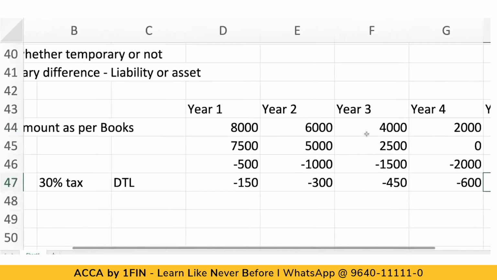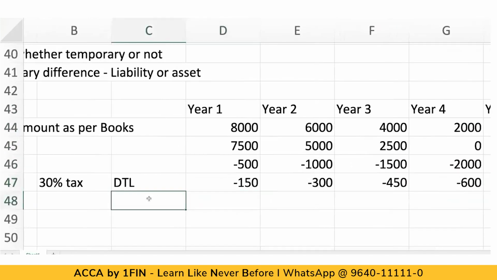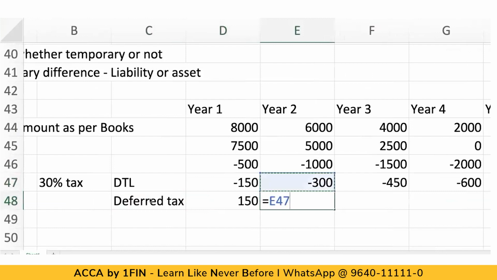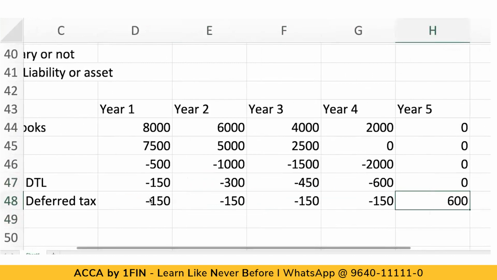So here what has happened is, in year 1, deferred tax expense is 150. Year 2, it is 300 balance, so the expense is 150 again. And in the 5th year, the entire deferred tax balance is reversed.